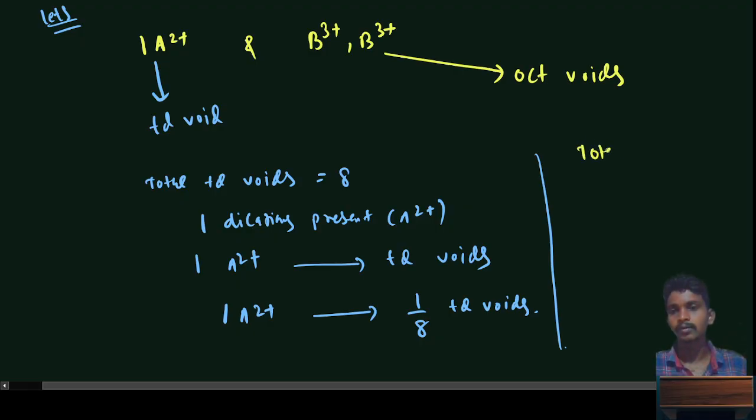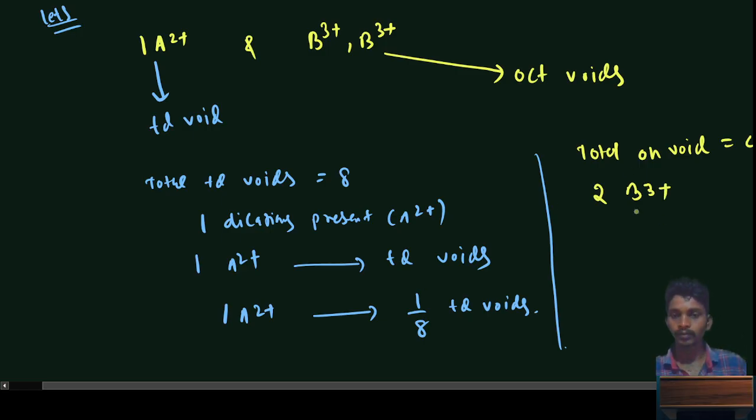Total octahedral sites is 4. Then how many dications are there? Two dications are there.